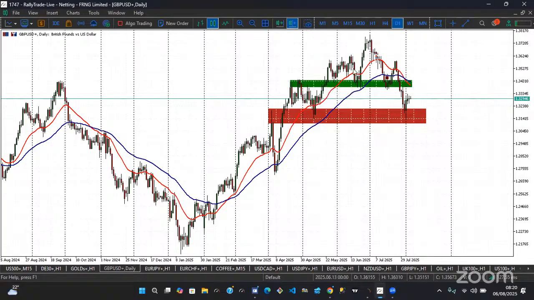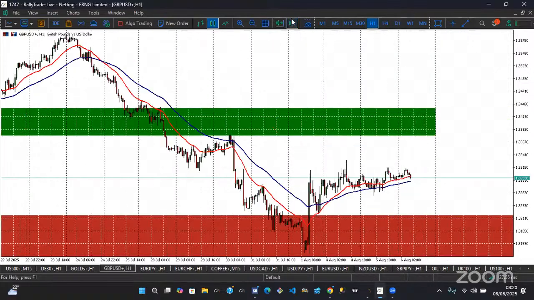If I switch to my H1, you will see how massively price has been bearish. This does not mean that we are now in a bearish market. All of this is a retracement for price to start pushing back to the upside.